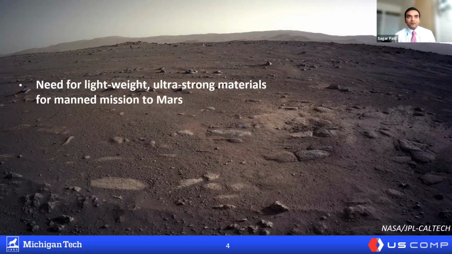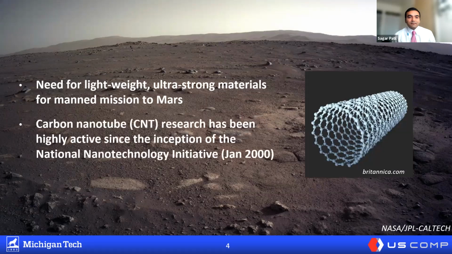Next. Therefore, the motivation for this research is simply the need for lightweight, ultra-strong materials for a manned mission to Mars, because the current state-of-the-art material is unable to provide this requirement. Next. Carbon nanotubes have been around for decades now, and they are the key to achieving this.